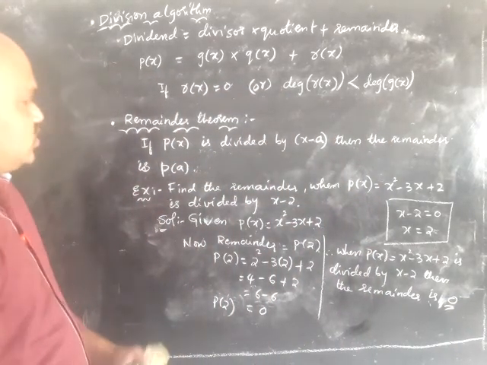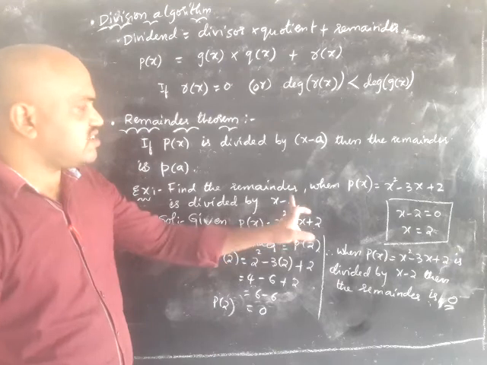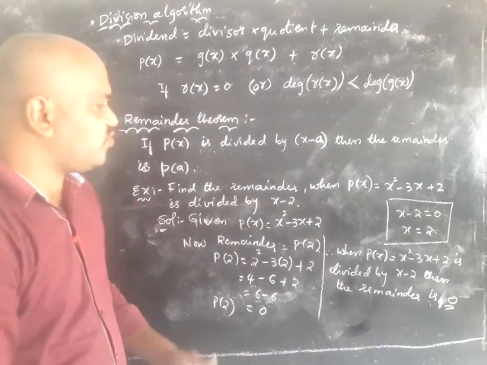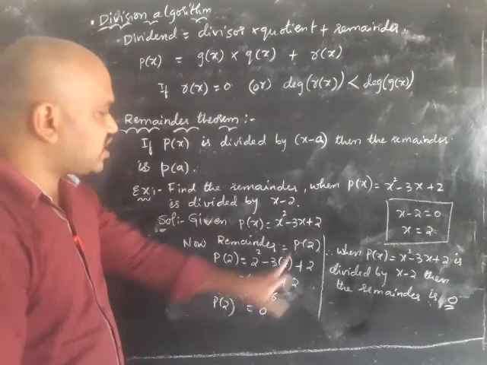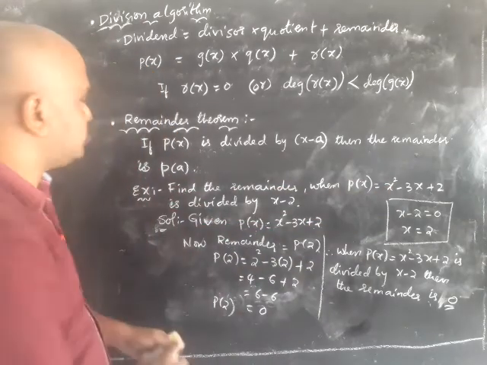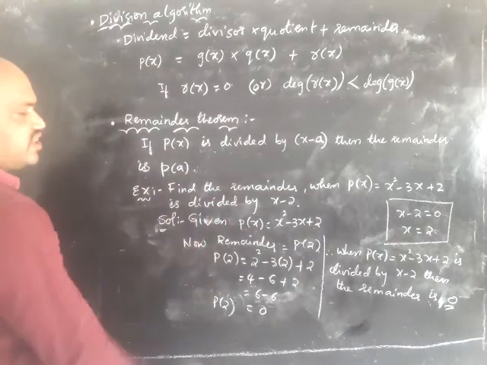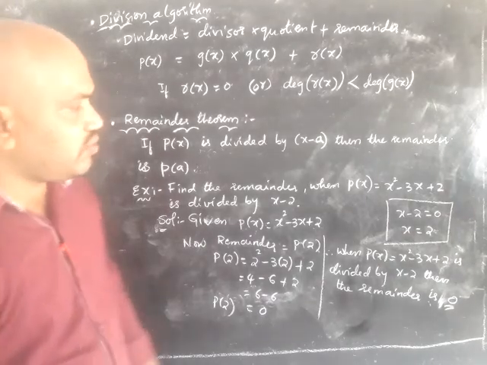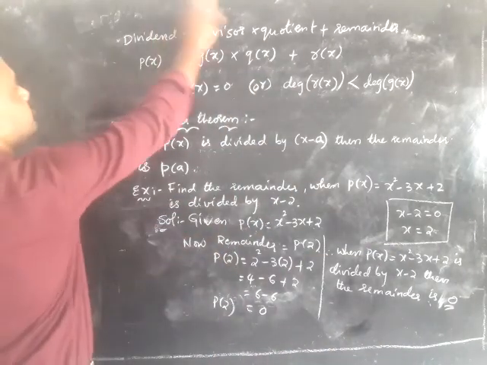So if the remainder is 0, we can say that x minus 2 is a factor of this polynomial x square minus 3x plus 2. Next we are going to discuss the factor theorem.